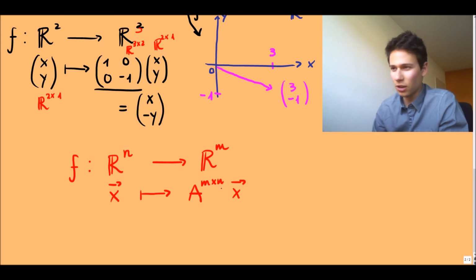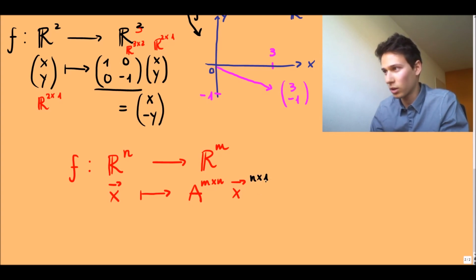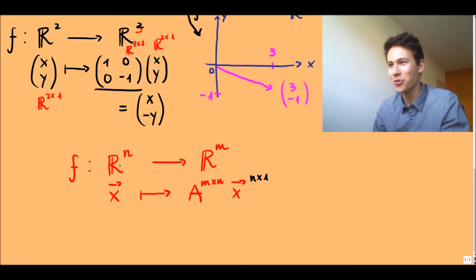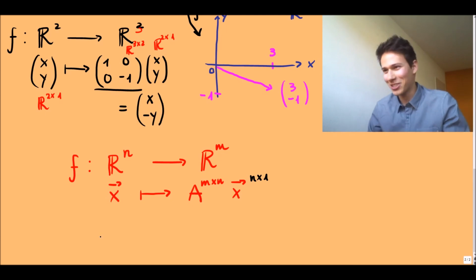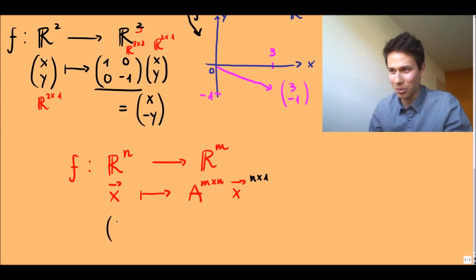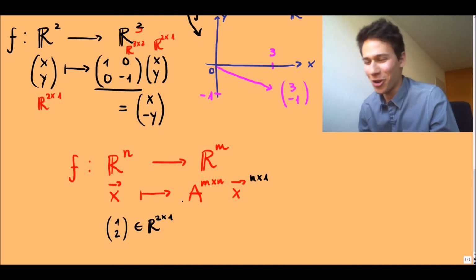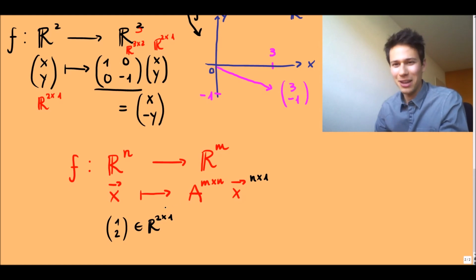And the dimensions of the matrix are like this because the vector is an n cross 1 object, since it is in the Rn, right? You can view vectors also as matrices. So this, for example, 1, 2 is an element of R2 cross 1. All right? If you don't understand this, go check out my earlier videos on what is a matrix.